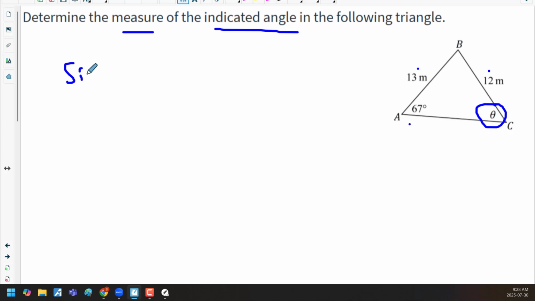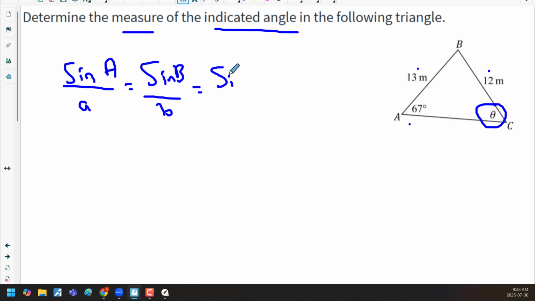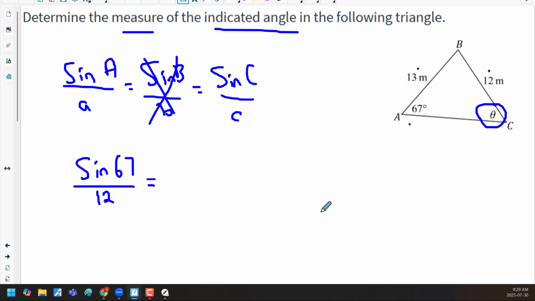So let's do this again. Sine A, we know angle A is 67, so it's going to be sine 67 over 12. Because remember, lowercase a is the opposite of angle capital A. Sine B, we don't have angle B, so automatically I'm going to say that's not the case.